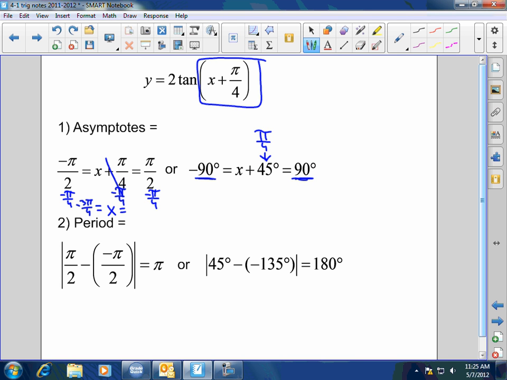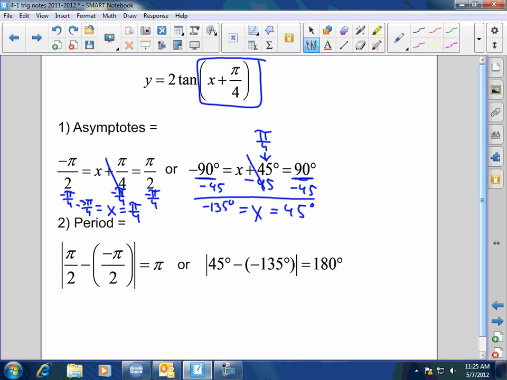This is going to be pi over 4. If you do it by degrees, you subtract 45 from both sides. So x is going to equal negative 135 and 45. These are my asymptotes.